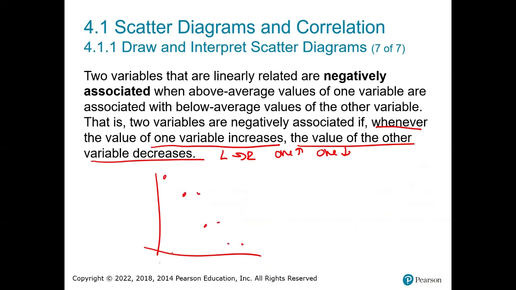So as I go this way, these values are going up. But as I move this way, the points are falling down. As I increase to the right, my points are falling down. Those are opposites. One goes up, the other comes down. It is a negative relationship.